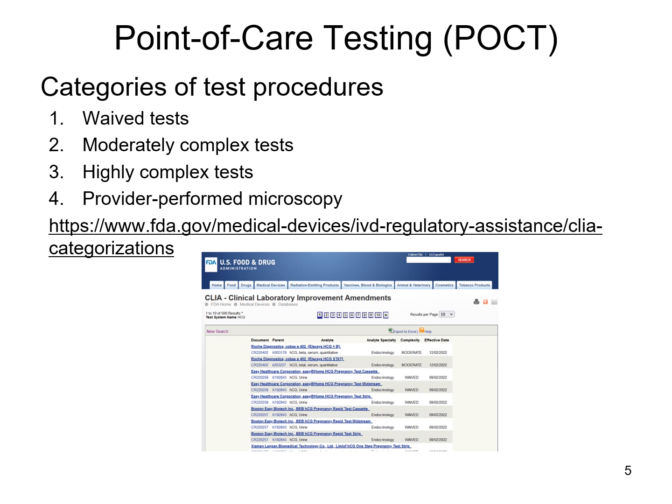And so the physician actually does that microscopy. Some other things that they could potentially do provider performed microscopy on would be stuff like a urine sample, skin scrapings, things like that.